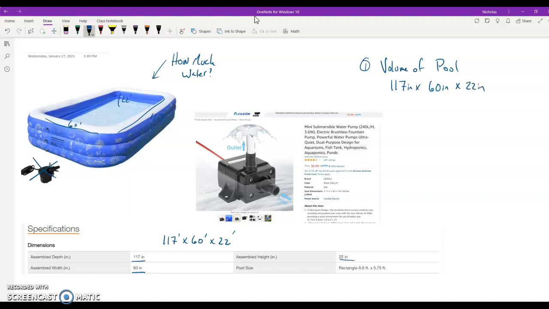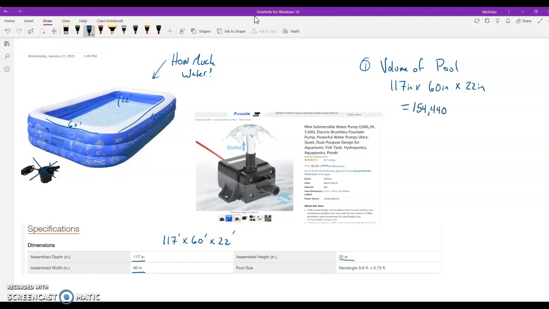And we're going to multiply those up. Why don't you do this with me? Let's see what we get. I get a pretty large number, 154,440.